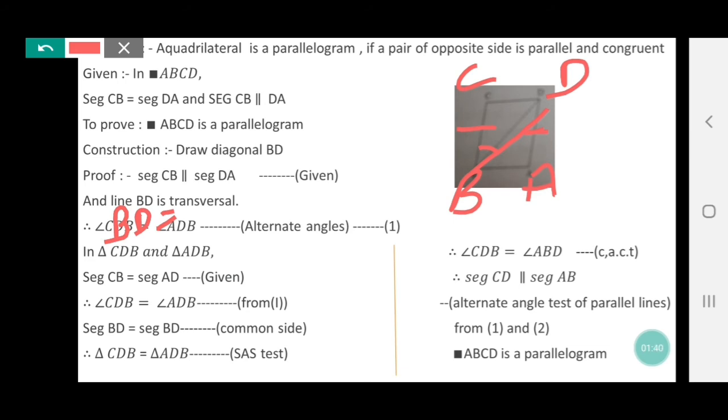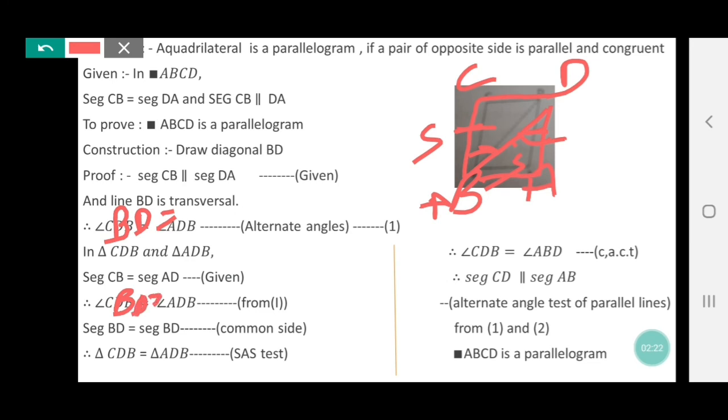So the two triangles are forming over there: triangle BCD and triangle BAD. Now angle CBD is equal to angle BDA, alternate angles. This side is equal to this side, and this is the common side. So the two triangles will be congruent by the SAS test of congruency. Again, here the correction is there: it is angle CBD.